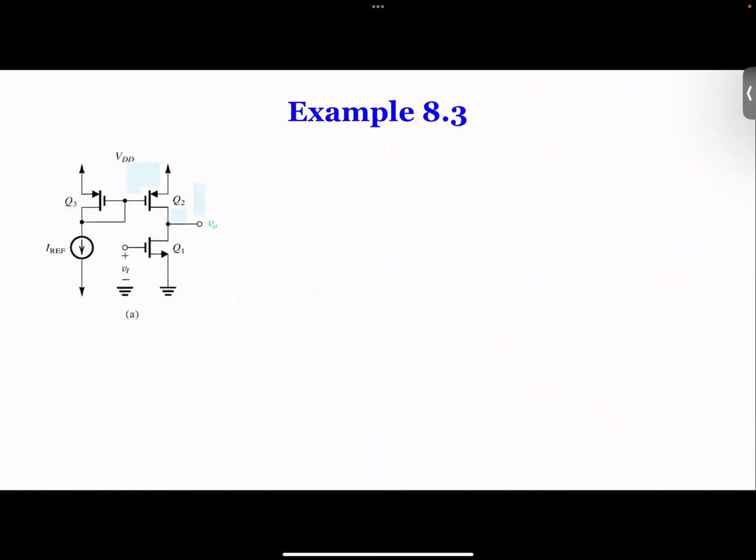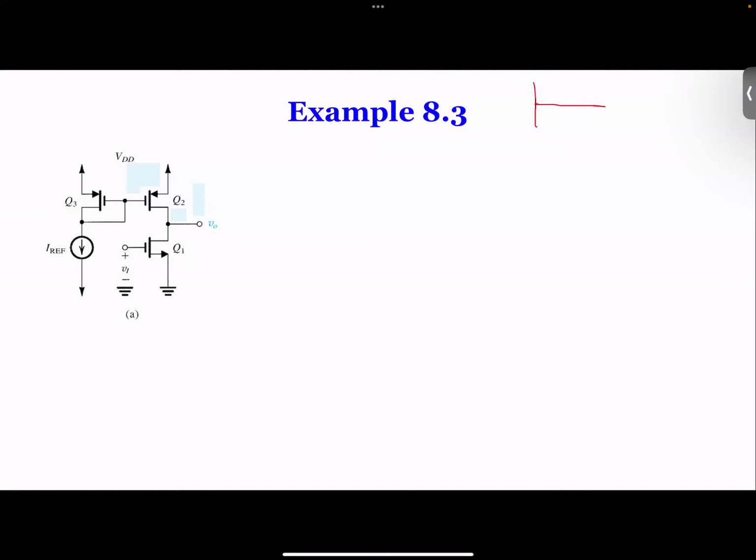So the next thing, number 3, is to determine the allowable range of signal swing. Let me explain what voltage swing means. Let's say you have an AC on top of a DC signal.